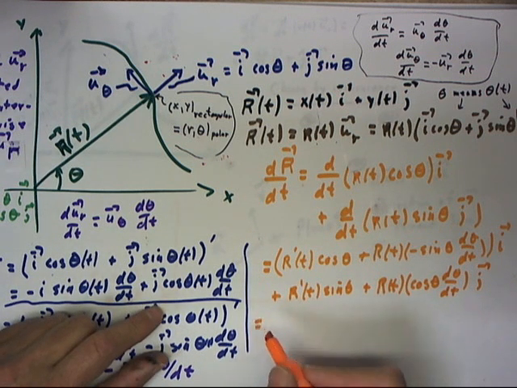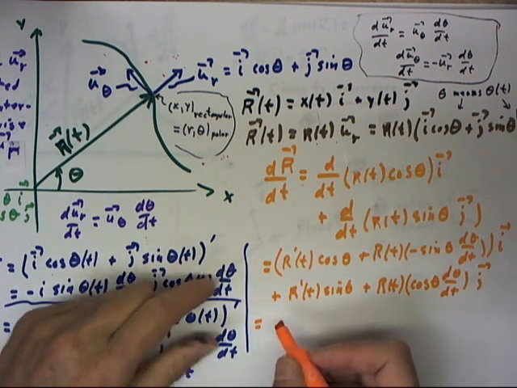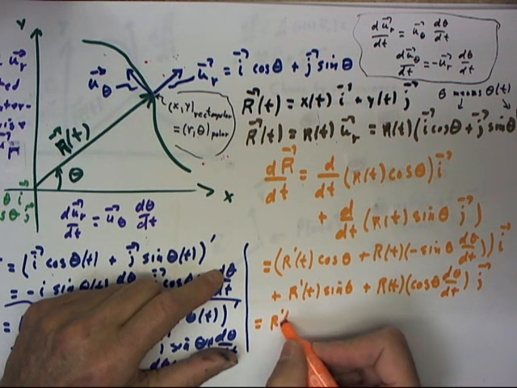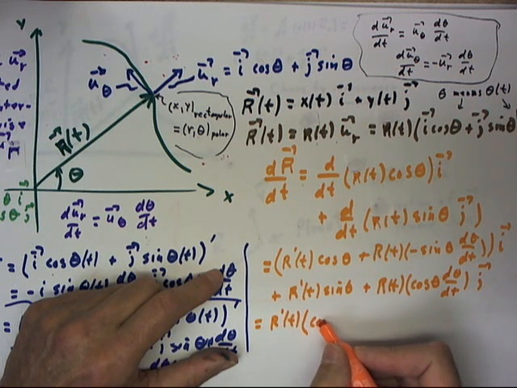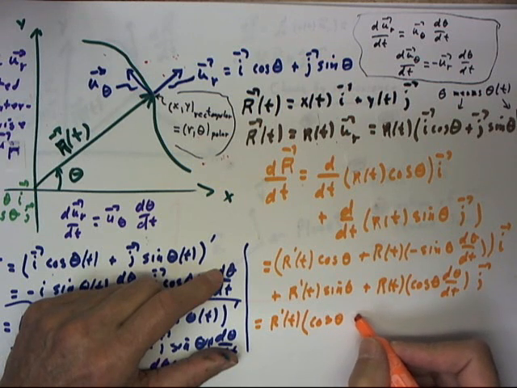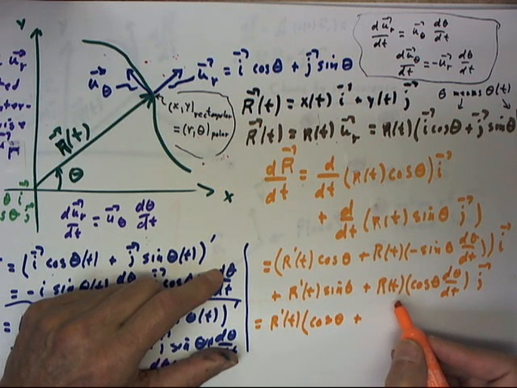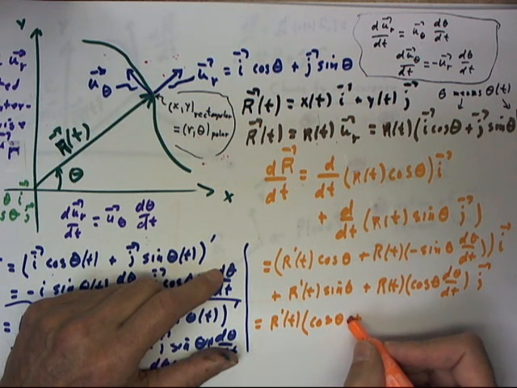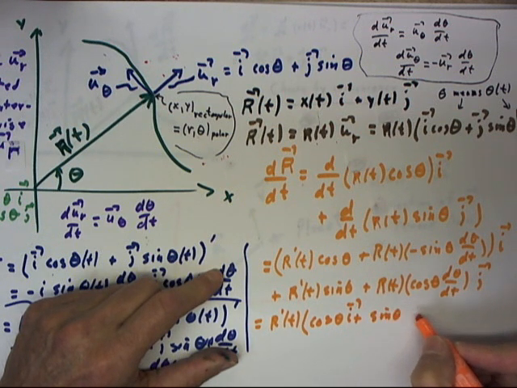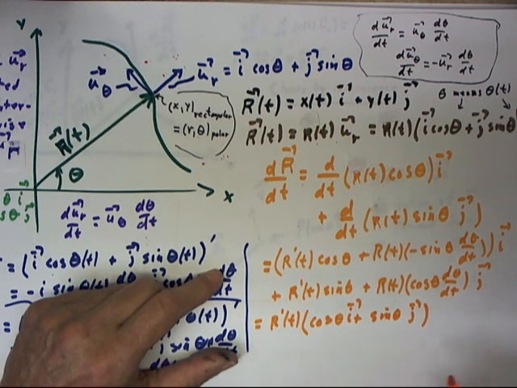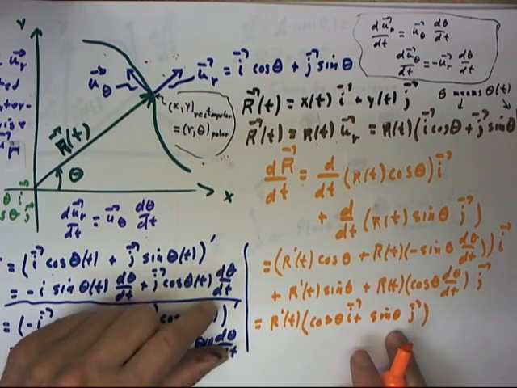If we collect these terms, we find that we have r prime of t times cosine theta i plus sine theta j. And that's just our r prime of t times our u sub r vector.